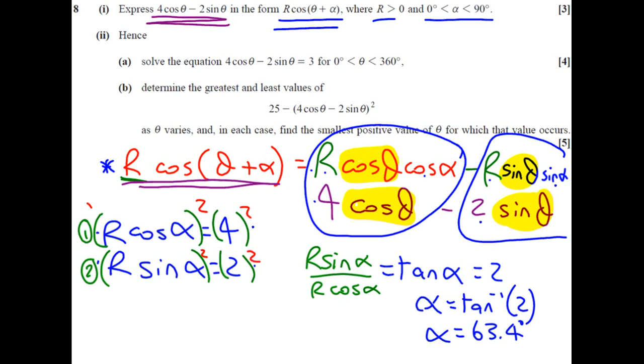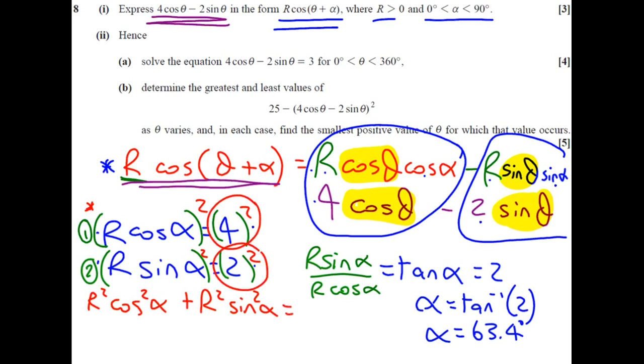So when you square the first one, you're going to get r squared cos squared alpha plus r squared sine squared alpha. We're adding equations 1 and 2 equals this squared plus this squared. 4 squared is 16. 2 squared is 4.